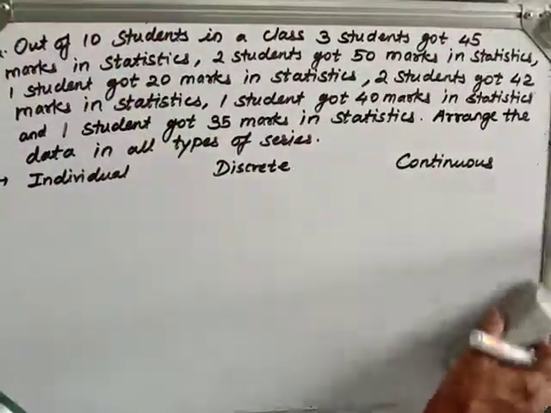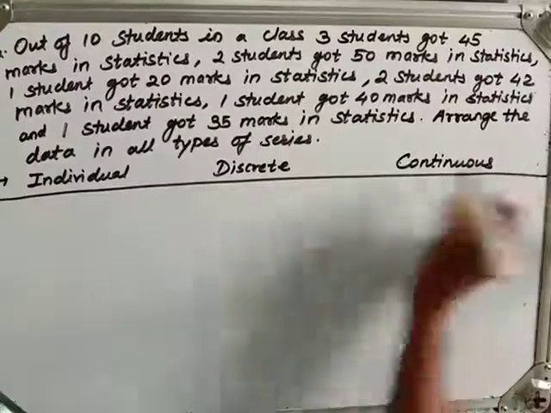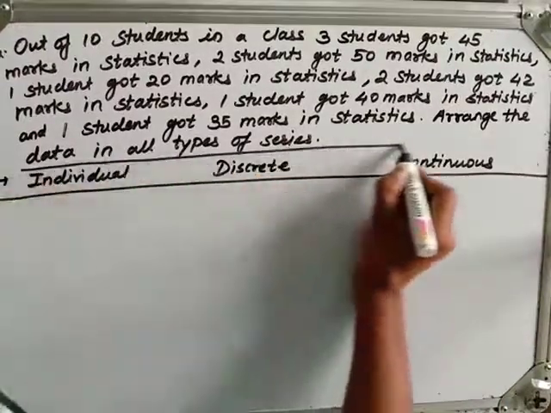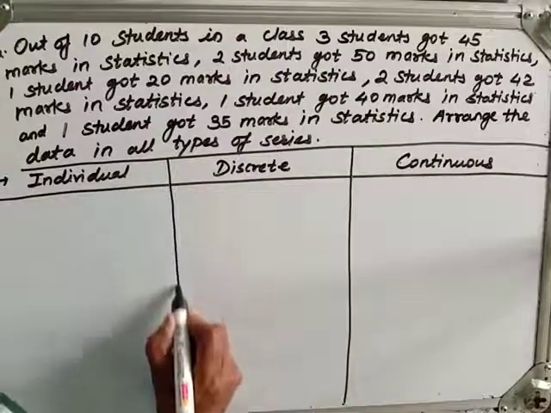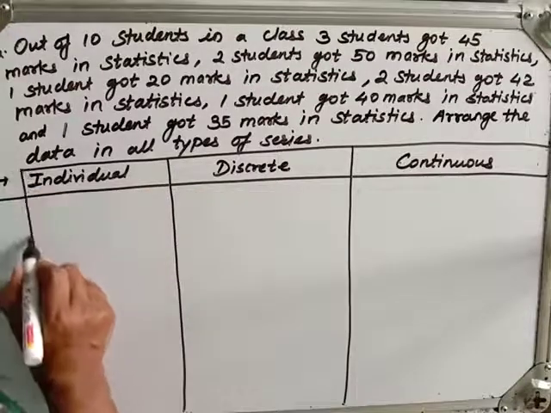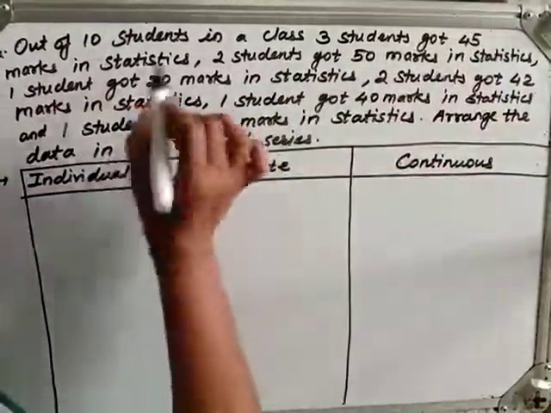Now let us see how we can arrange them in these series, or you can get the difference between those series. What do we get in individual series? Look here, 3 students got 45 marks.